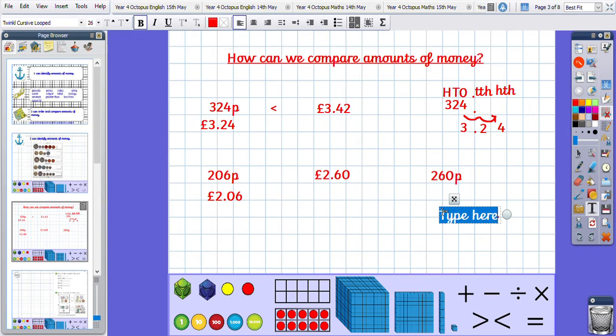I know that 100 pence is £1, so 200 pence is £2, and I have 60 pence left over. So, using my crocodiles and equals sign again, £2.06 is smaller than £2.60, but £2.60 and 260 pence are equal. So my answer would look like that.